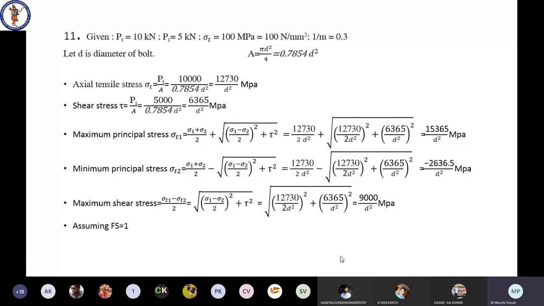As the factor of safety is not given in this particular problem, we are assuming factor of safety as 1. Now we are going for the first theory of failure, that is maximum principal stress theory. Sigma T1 equals sigma Y by Fs.